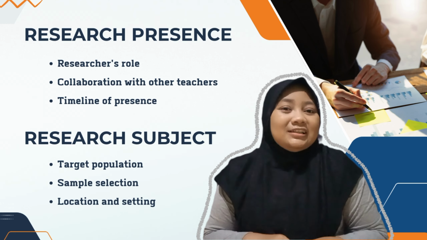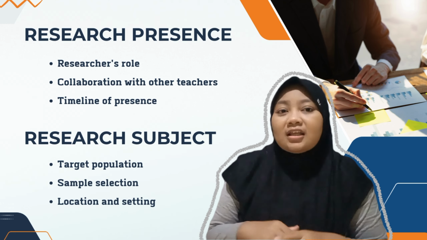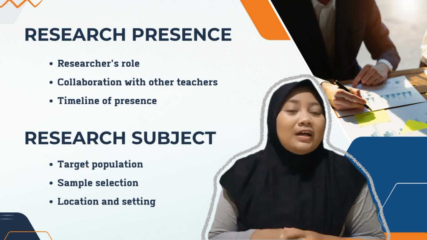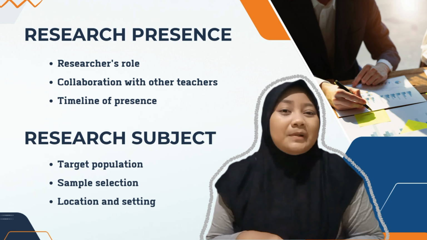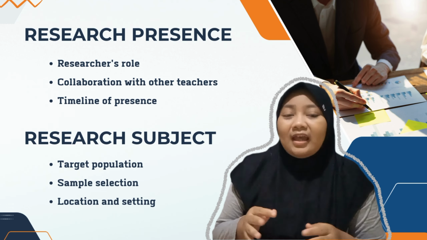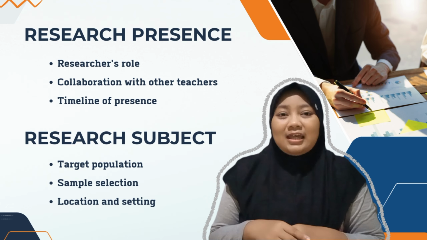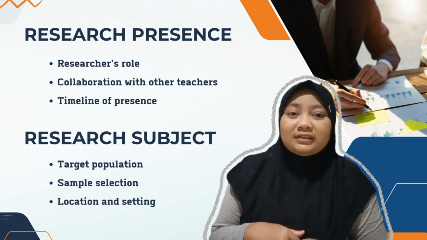The third part in research methods is research subject. Target population identifies the specific group of students participating in the study, including relevant demographic information. Next is sample selection.